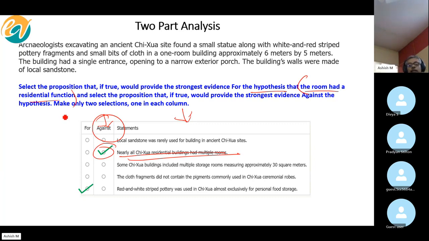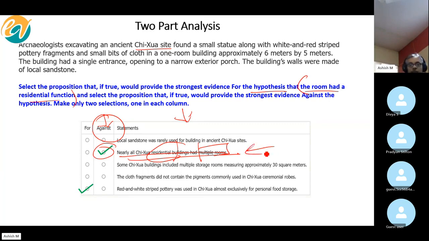So what they are saying is that in Chi-Xua, if a building was used for residential purposes, generally people had multiple rooms. Agreed? So if I want to use a building, let's say I'm from the Chi-Xua era, and I want to live, for a residential purpose, if I'm looking for a building, tell me, will I look for a building with one room or multiple rooms?